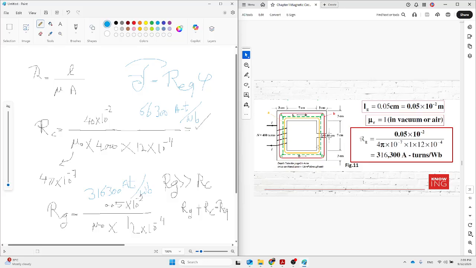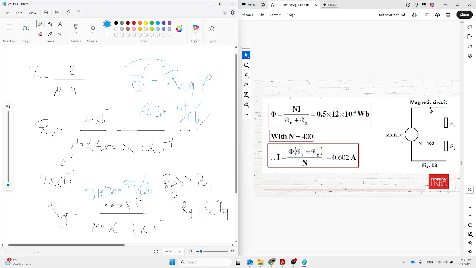So the total value is given here. Then when we calculate the MMF, we know the formula. MMF is equal to Ni, equal to HL, equal to reluctance times phi.